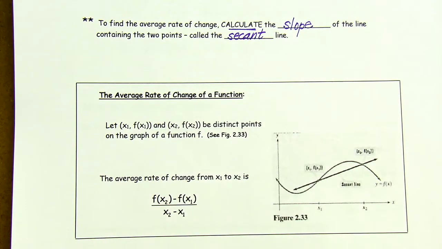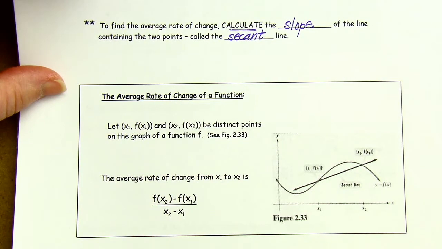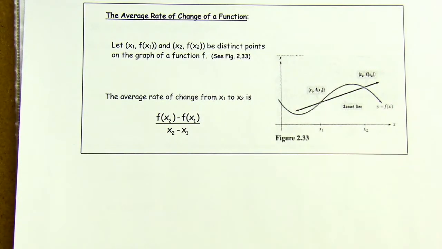A secant line is a line that passes through 2 points, if you remember from geometry. Also from geometry, the tangent line is the one that just touches or bumps up against the curve. But this is not a tangent line. This is a secant line, which passes through 2 points.